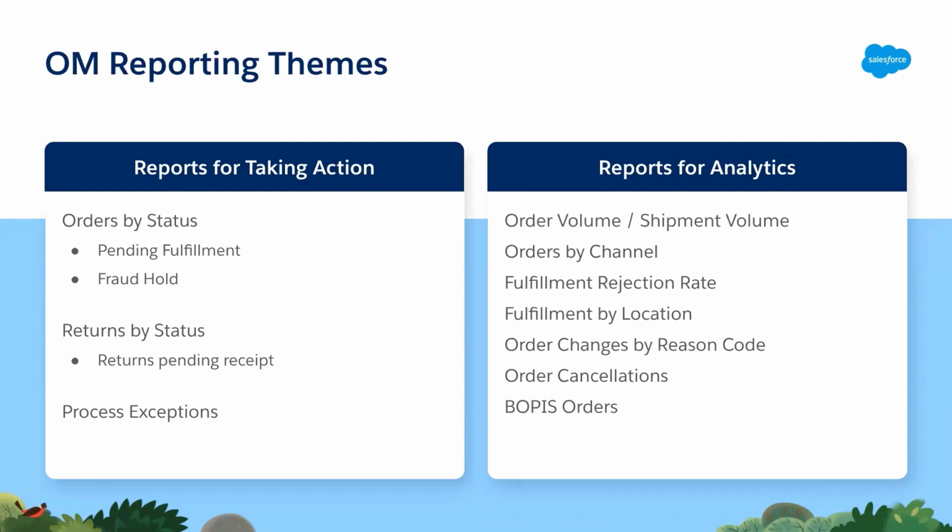A few more examples here include making a report on order changes and filtering by the reason code for that change, a report on the total number of order cancellations, or the total number of buy online, pick up in store orders. So we've provided these examples to give you some ideas for what types of reports to begin configuring in order management.